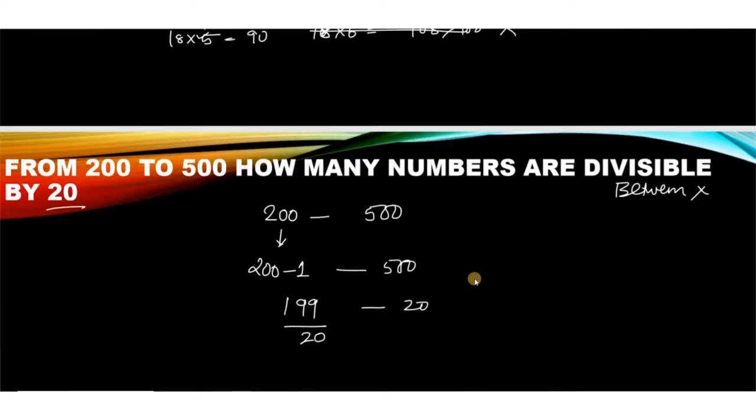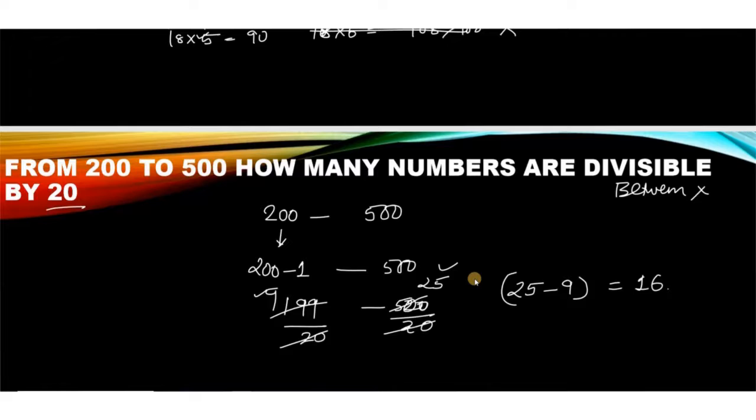So 500, which is divisible by 20. When you do the division work, it is 9 and here it is 25. So 25 minus 9, you have to pick up this value because this is bigger and this is smaller. So 25 minus 9, it is coming 16.